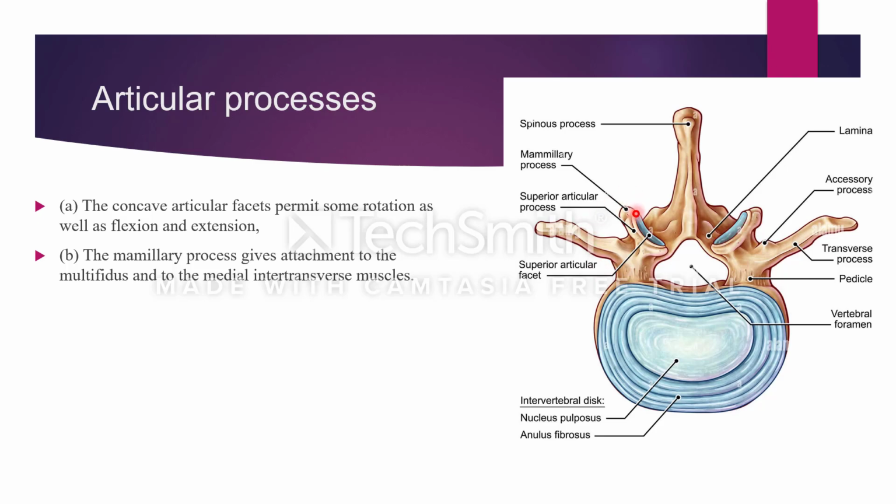It is a small process present on the tip of the superior articular process. This mammillary process will give attachment to the multifidus muscle, which is deep to the erector spinae, and the medial intertransverse muscle.